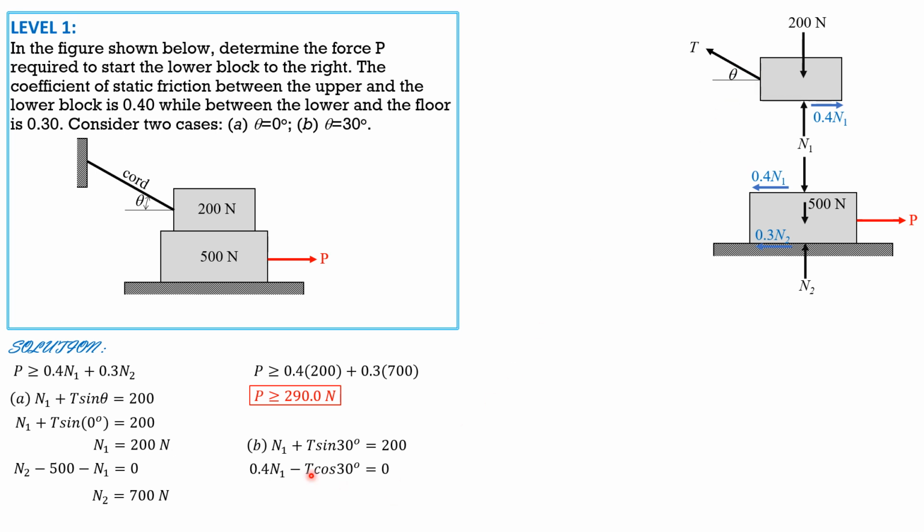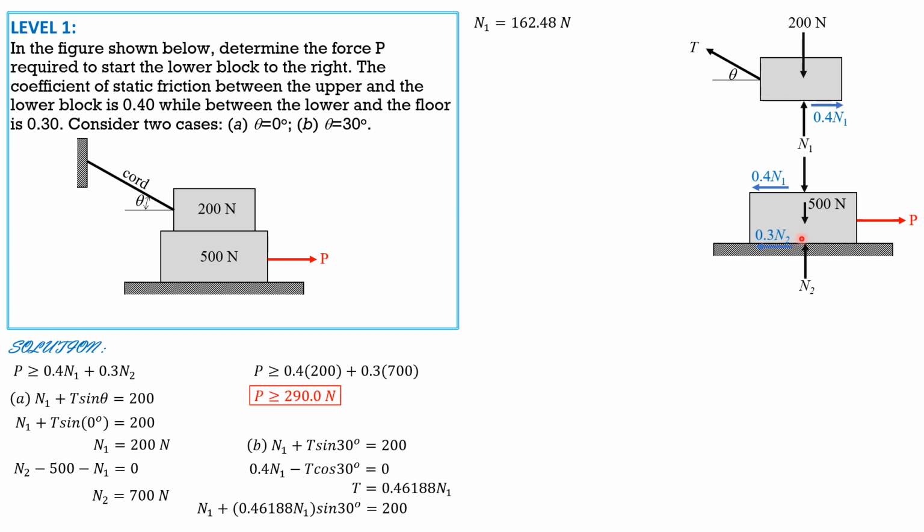Expressing T in terms of N1, T is 0.4 of N1 divided by cosine 30. So T is 0.46188 of N1. Substitute here in this equation. So N1 plus 0.46188 N1 times sine of 30 equals 200. So N1 can now be found. N1 is equal to 162.48 newtons.